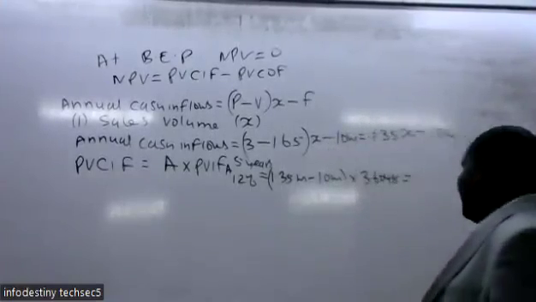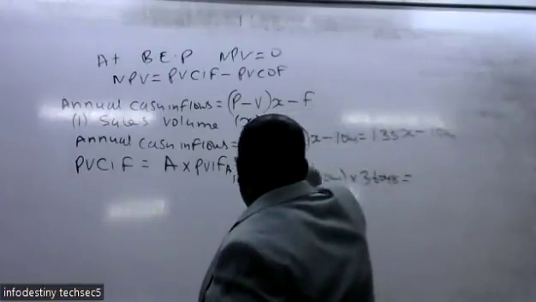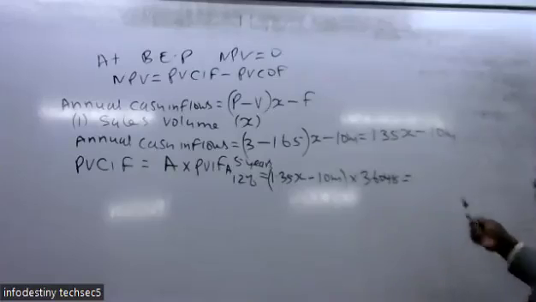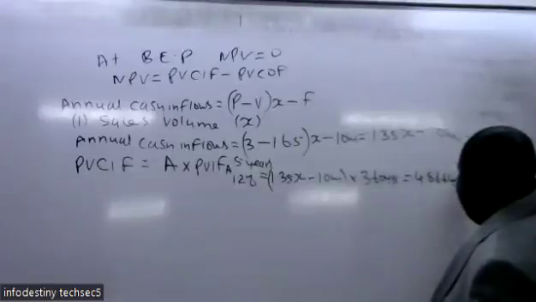It is 3.6048. Sorry, this is not M, but X. When we open the brackets, 1.35X multiplied by 3.6048 gives us 4.86648X.